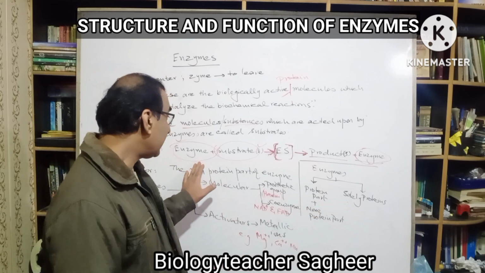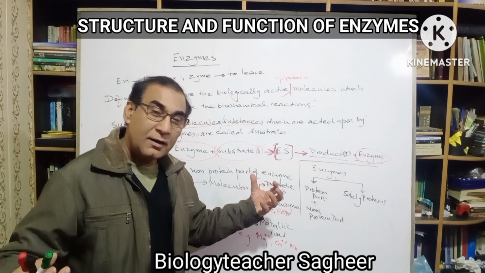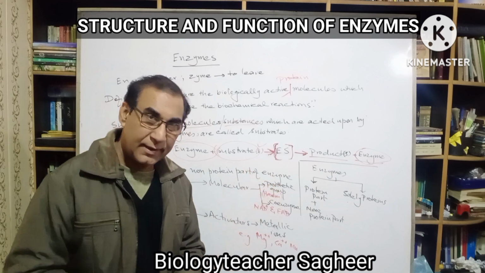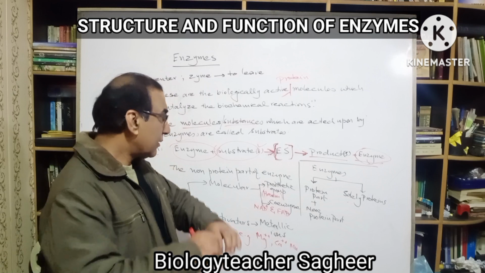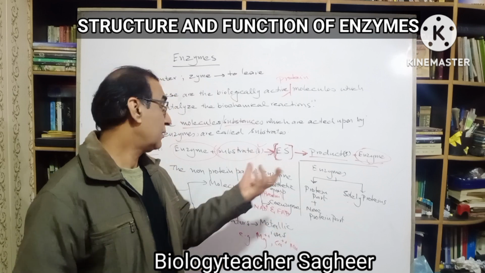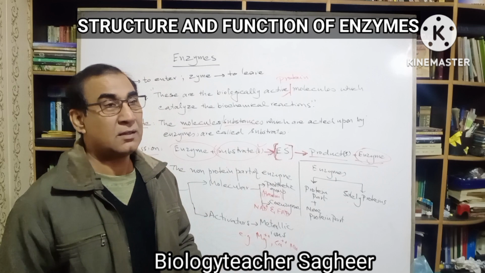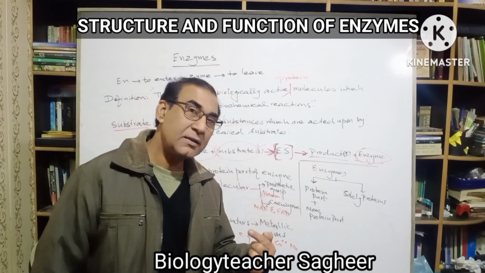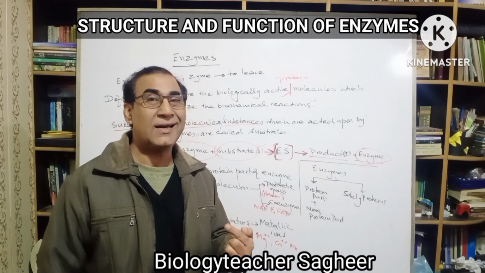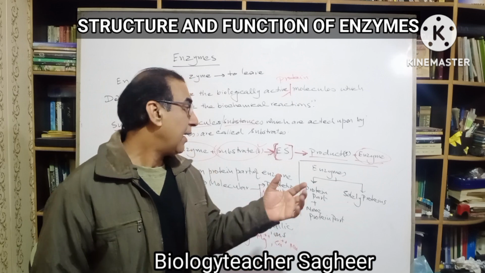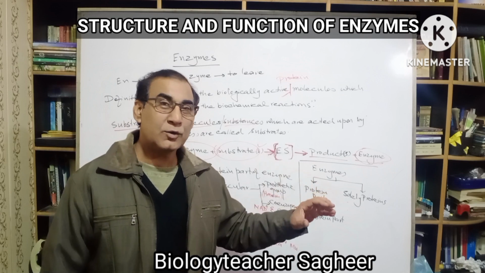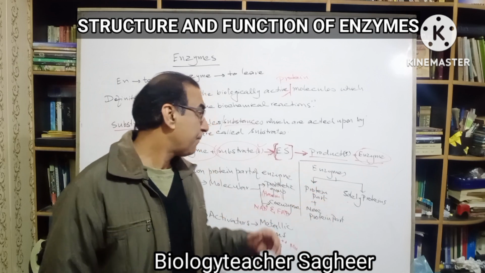The enzyme makes the substrates combine together, or it separates them. For example, maltose is one substrate that is acted upon by an enzyme, maltase, and two products are formed: two glucose molecules are separated.